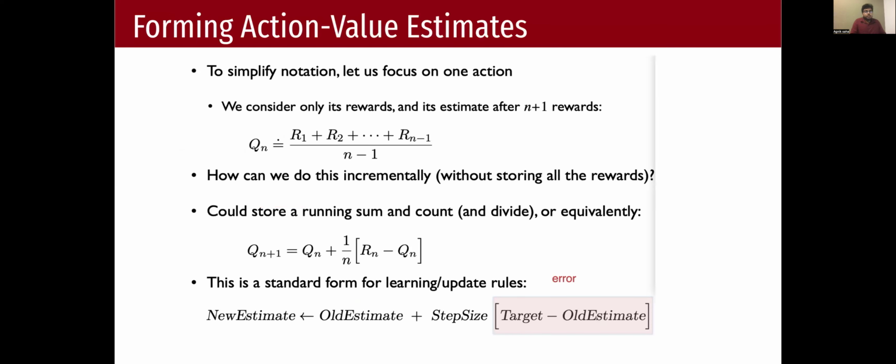Now we will learn about forming action value estimates. What is forming action value estimates?